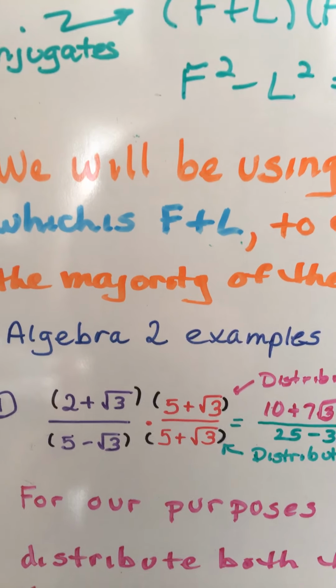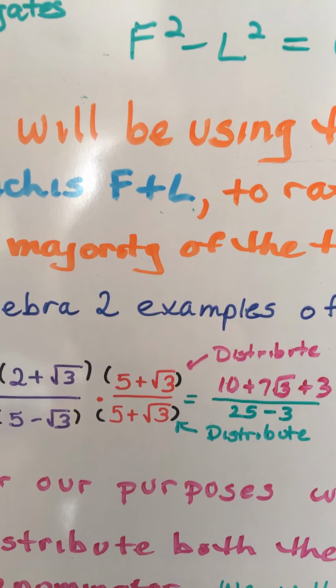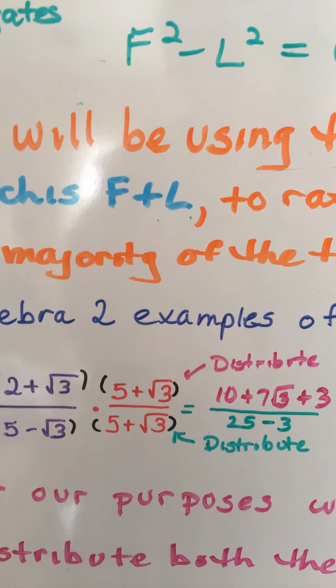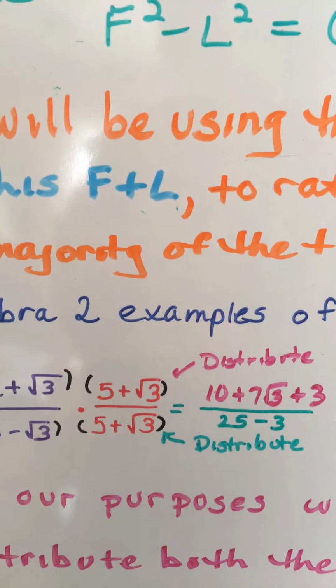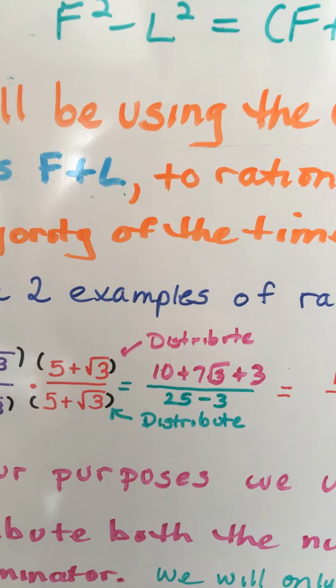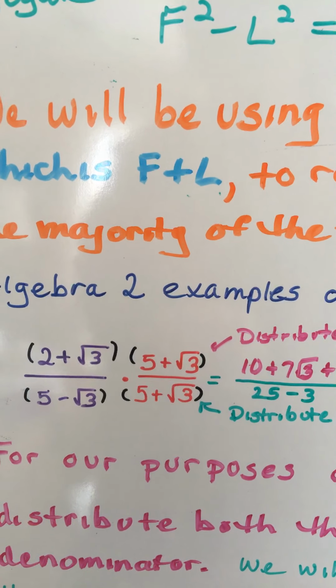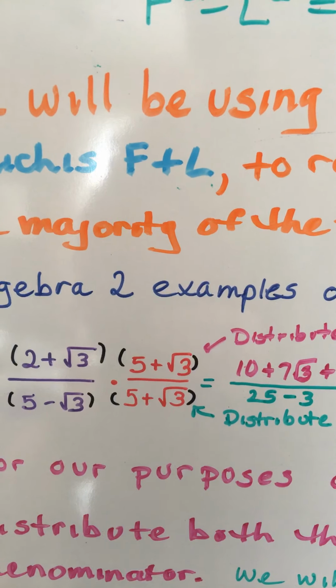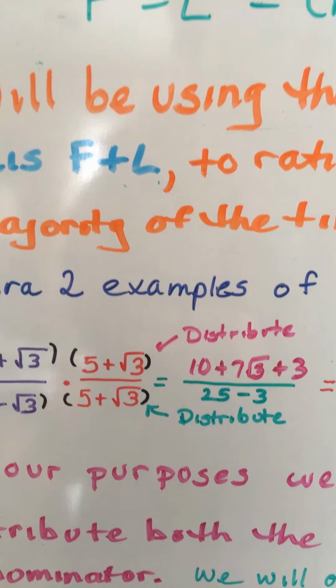So I see 5 minus root 3. Its conjugate's 5 plus root 3. So I used my form of 1, my unit multiplier, to unreduce, so to speak. In the denominator, you would automatically distribute. You know that it's either first times first and last times last, or you just do the squares of each and put a minus.